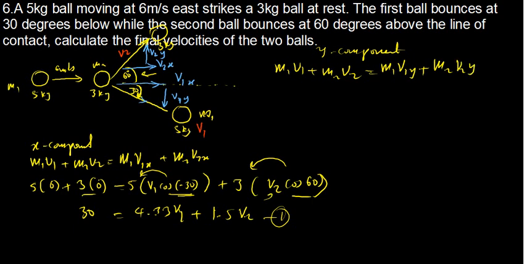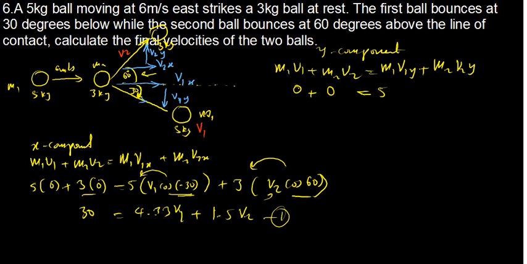Now this ball is not moving in the y, it is only moving east, that is in the horizontal, and so motion in the y is 0. So the velocity in the y is 0. It is not moving up, it's not moving down, that's why it is 0. And then the second ball is also at rest, so it was also 0. So m1 is going to give us 5 kg.